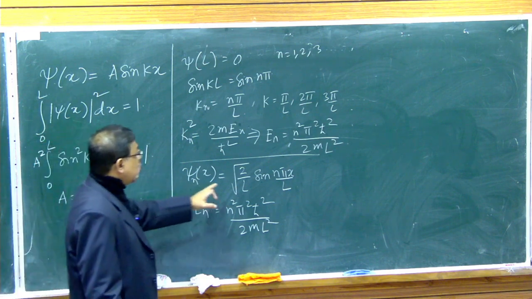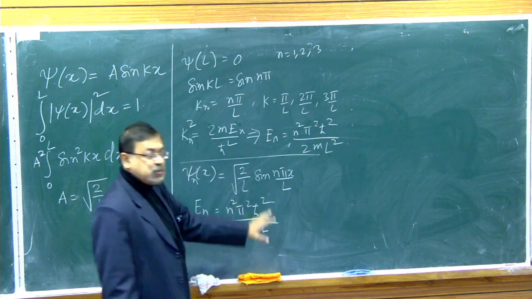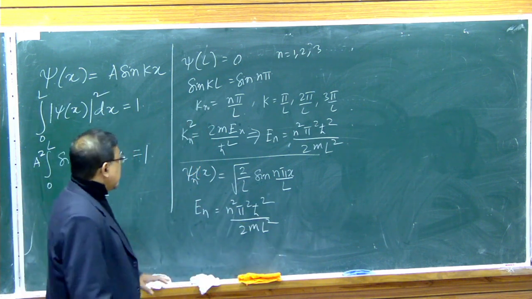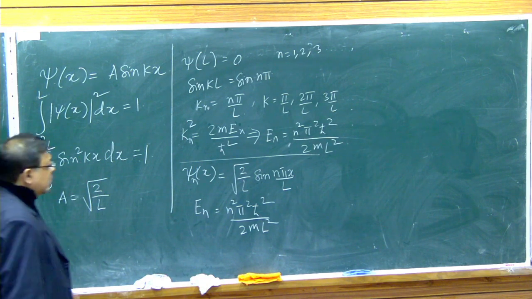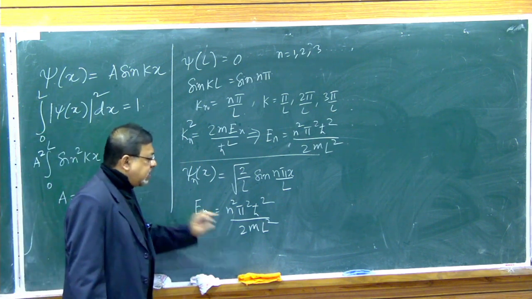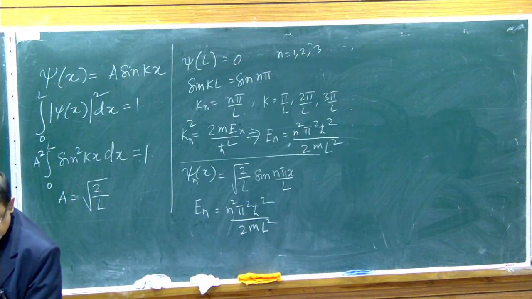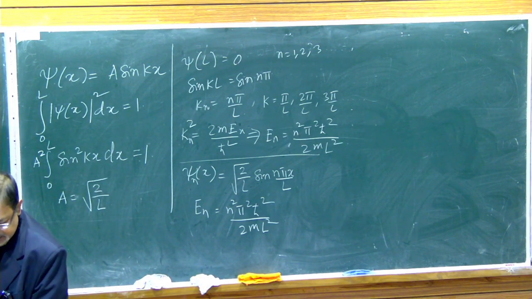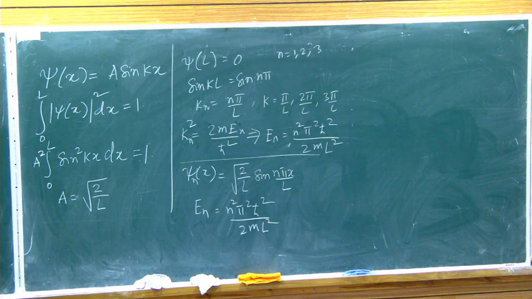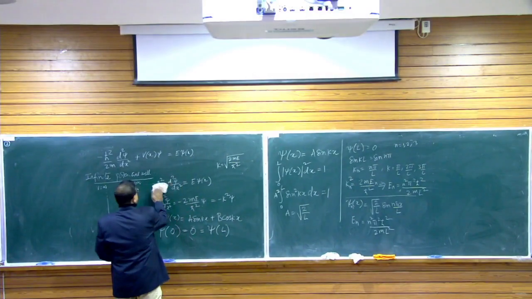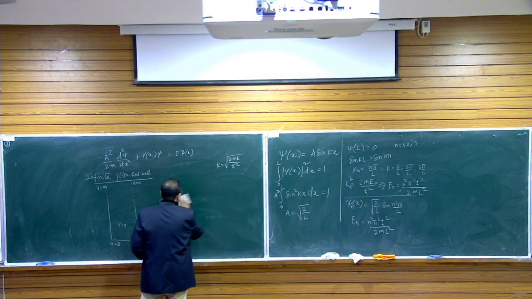That's root 2 by L sine 2 pi x by L, and so on, and the corresponding energies will be scaled as n squared pi squared h cross squared by 2m L squared. That sounds perfectly fine, so let's draw the energy levels and the eigenfunctions, at least for the first 2-3 of them.